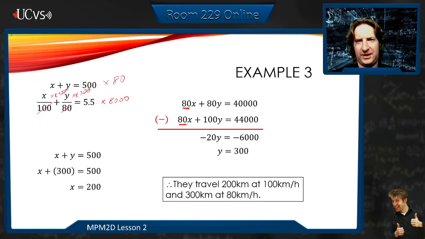All right, that one was a bit tricky, mostly because of this time equation. It's a little bit complicated. Don't forget your therefore statement at the end. They travel 200 kilometers at 100 kilometers per hour, and 300 kilometers at 80 kilometers per hour.